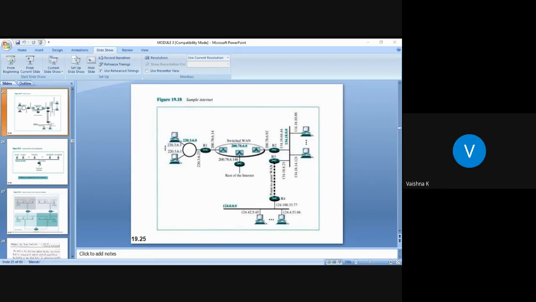Class A 128 blocks. What is the meaning of that? 128 blocks means that many organizations can be provided with a class A address. Now, what is the size of that? 16,777,216. So the main problem of classful addressing is that you are having everything in a fixed value.